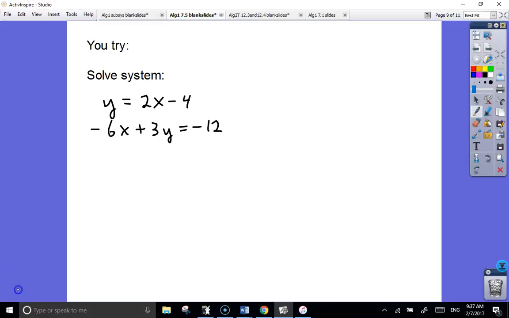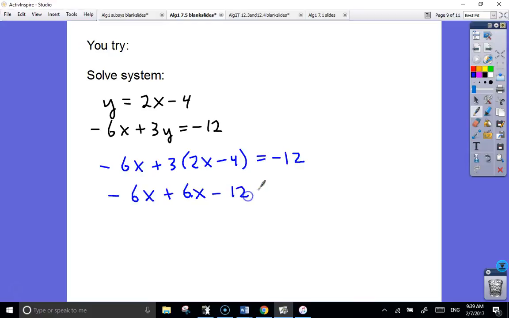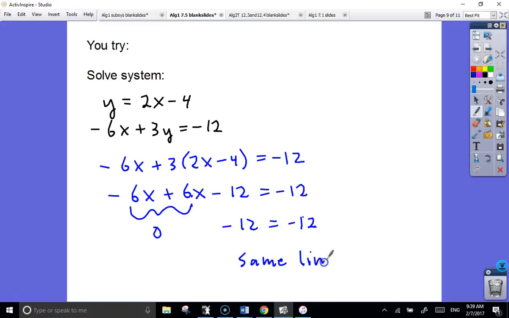So if I substitute, -6x plus 3 times 2x minus 4 equals -12. -6x plus 6x minus 12 equals -12. These cancel, so -12 equals -12. So this is the same line.